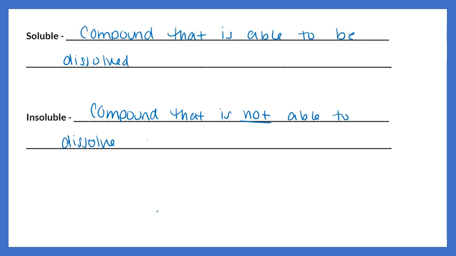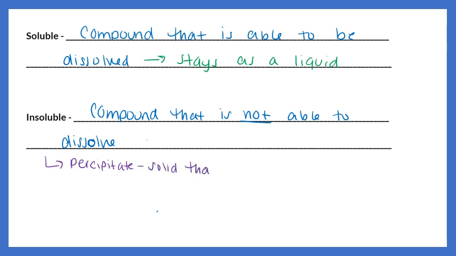When a compound dissolves or is soluble, it stays as a liquid. Nothing happens, all right? But if it's insoluble, it will become something called a precipitate, which is a solid that crashes out of the liquids.